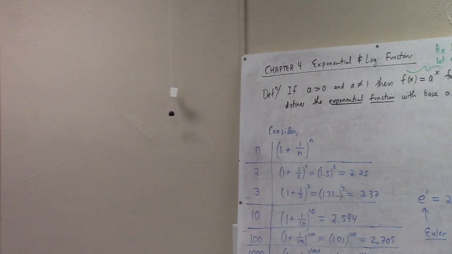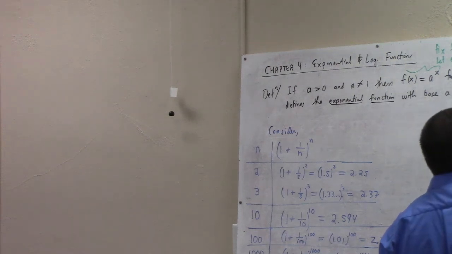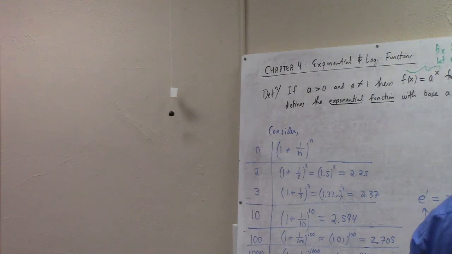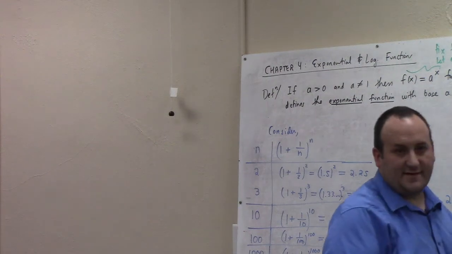Like here, for example, suppose we invest, let's say $10,000, at a yearly interest rate of, what do you guys want to make it?